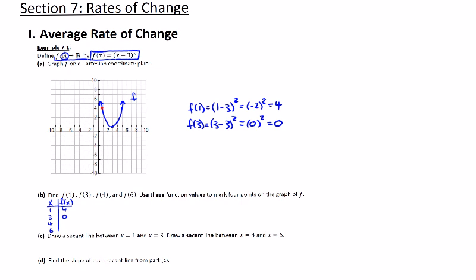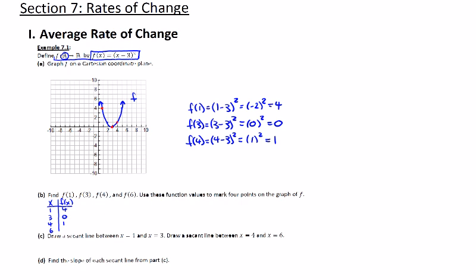So I should have a point at 3, 0, and I do, which represents my relative minimum. On to f of 4. (4 minus 3) squared will be 1 squared, which is 1. So we'll have 4, 1, and yep, we have a point there at 4, 1.